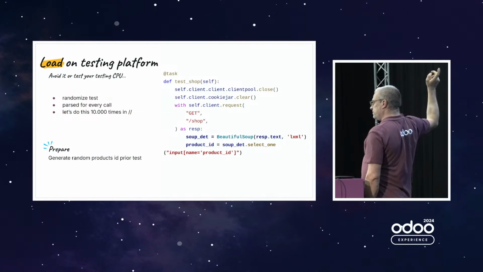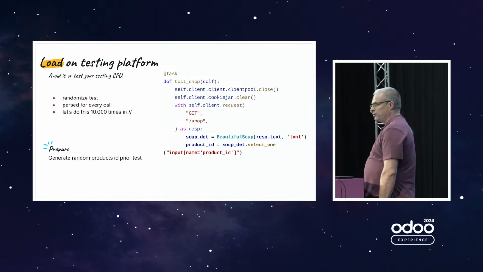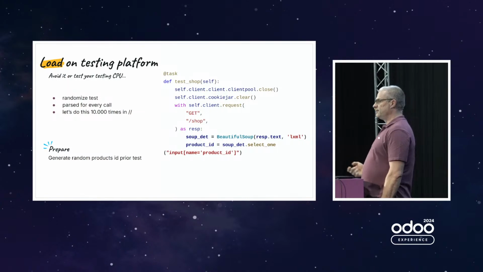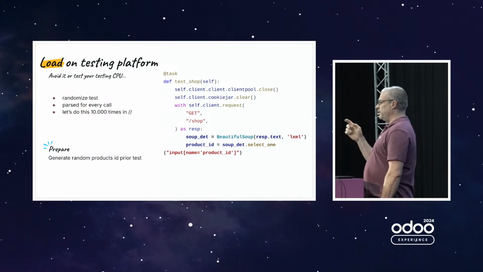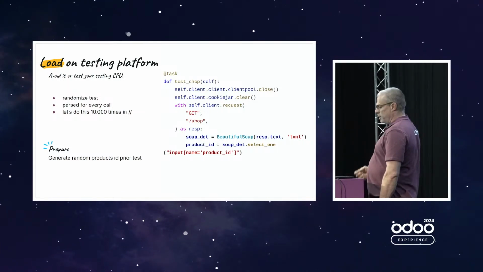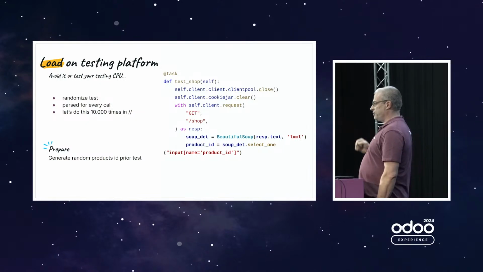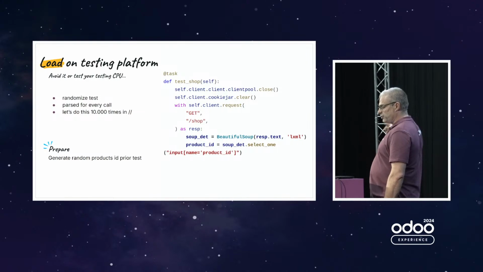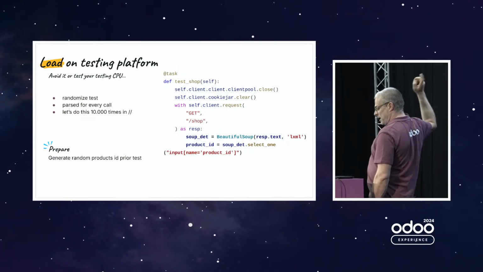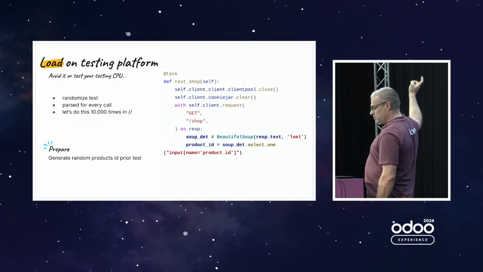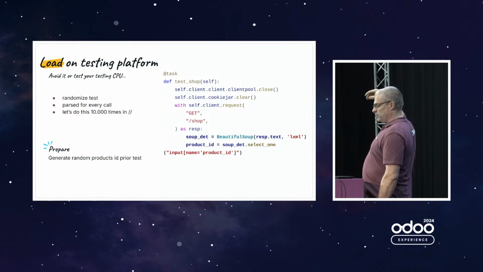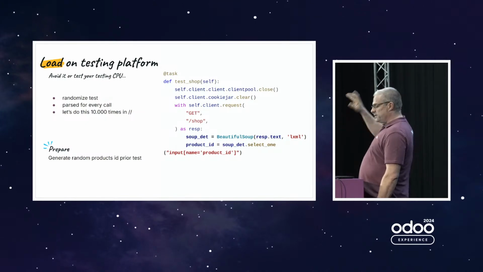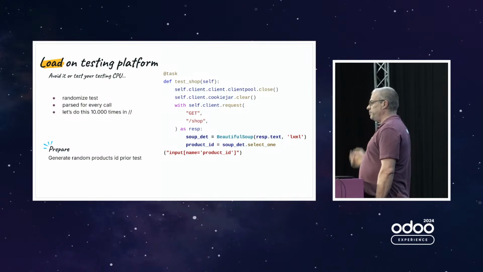If I use HAR to Locust to perform a test, the system will purchase again and again the same product. What I want is to purchase different products. One way to do this is to use Beautiful Soup. I use /shop. I parse the result, and I randomly select one product in the page.